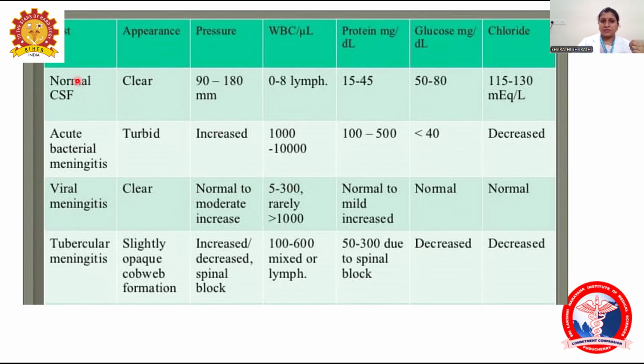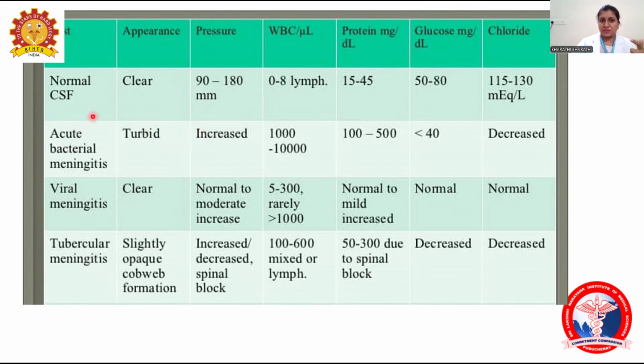Normal CSF is clear, but in acute bacterial infection, the appearance will turn purulent. In viral meningitis, as I told you, it's aseptic meningitis, so it will remain clear. And in tubercular, it has a classical cobweb formation. It is slightly opaque with a cobweb formation. So this is the differentiation on the basis of appearance.